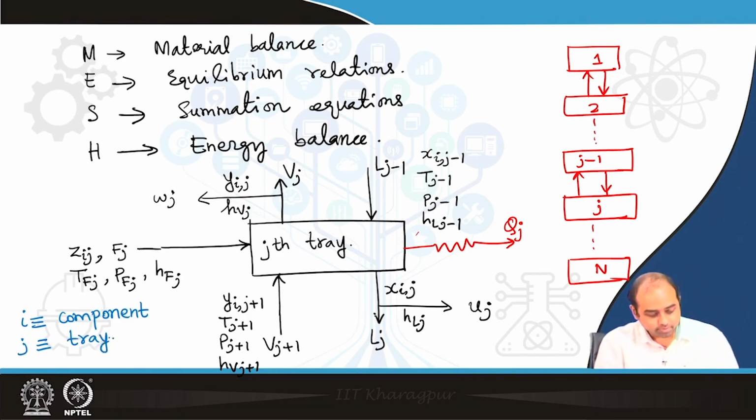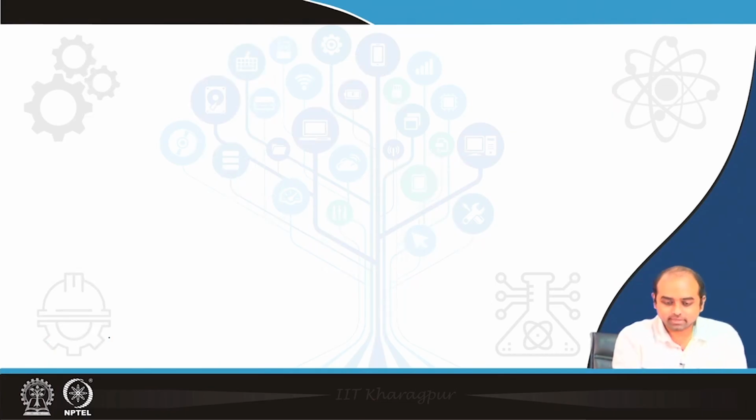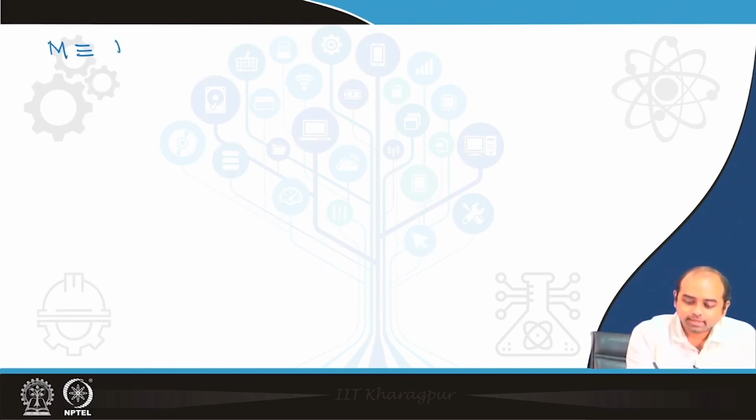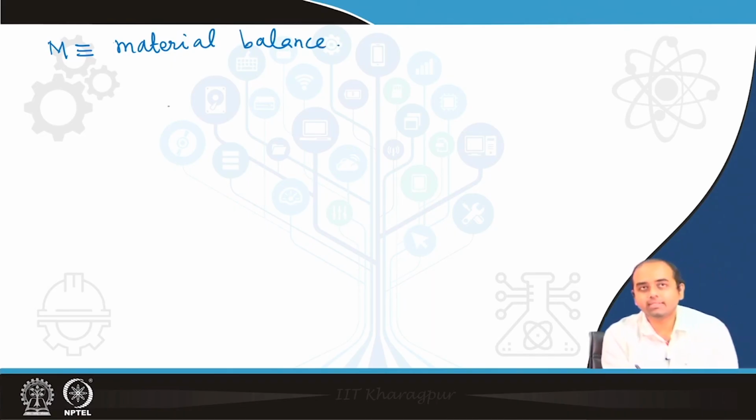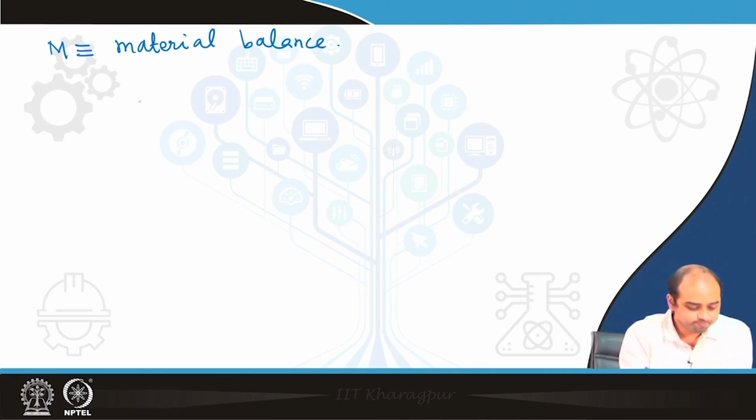So now let us move to the material balance equation. So M stands for the material balance equation, right. So the material balance, as you know, is simple in and out, mass in and mass out, both for the vapor and the liquid fractions.